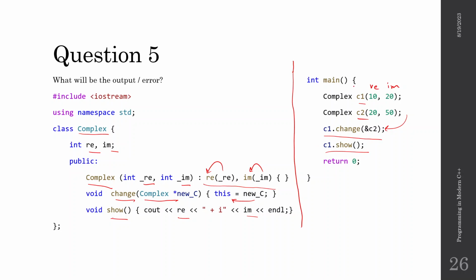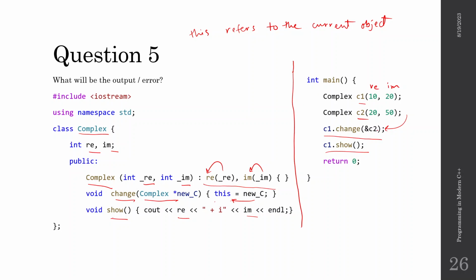This code will actually create an error, because you cannot modify the this pointer. As I said previously, the this pointer refers to the current object, the object from where the code is running.